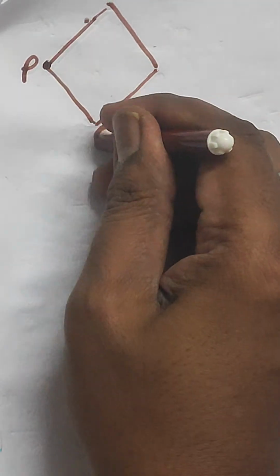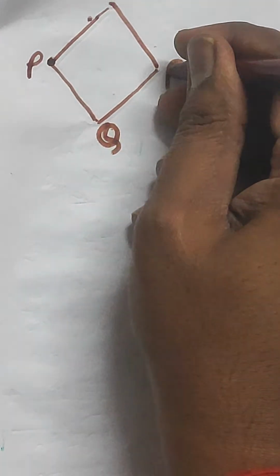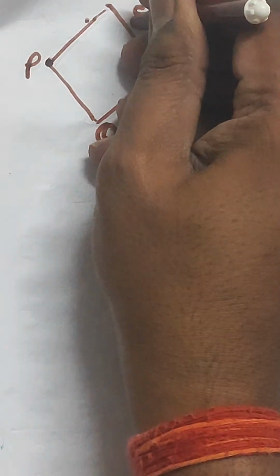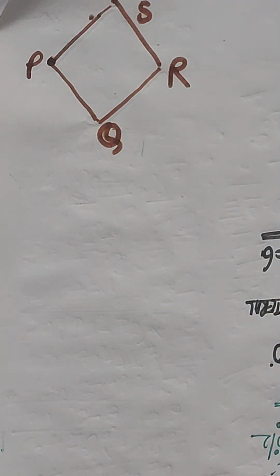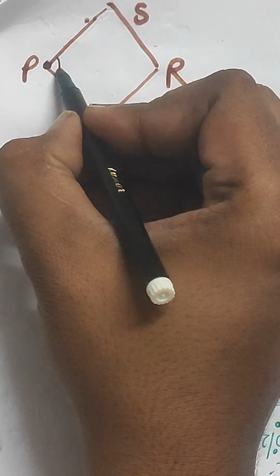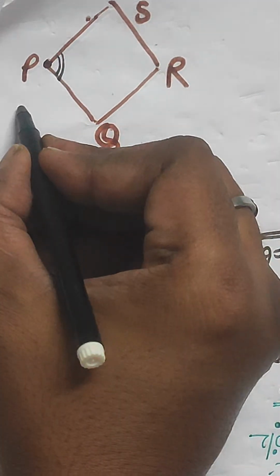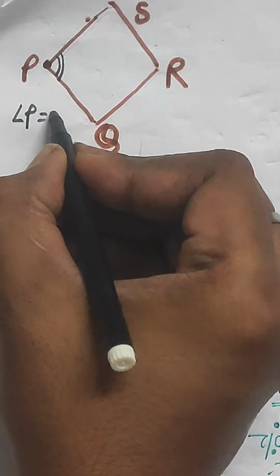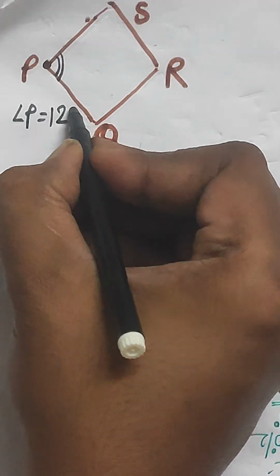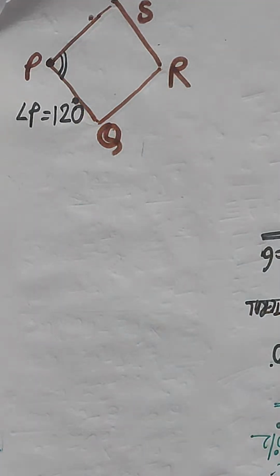PQRS is a rhombus given to us, and it's also given that angle P is equal to 120 degrees.